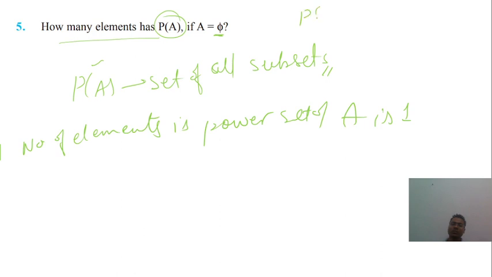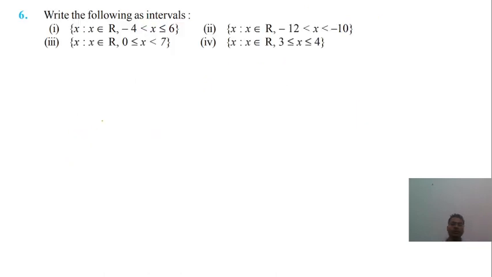The power set of A is equal to the subsets of {5}, only one element inside it. Okay. That is the answer.